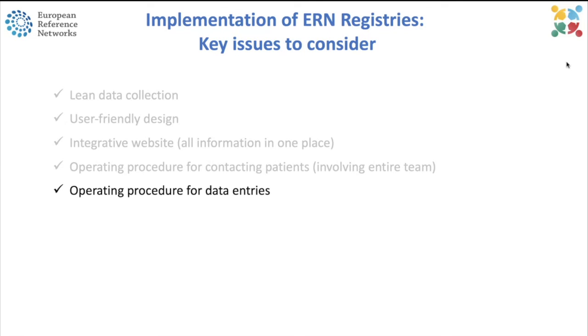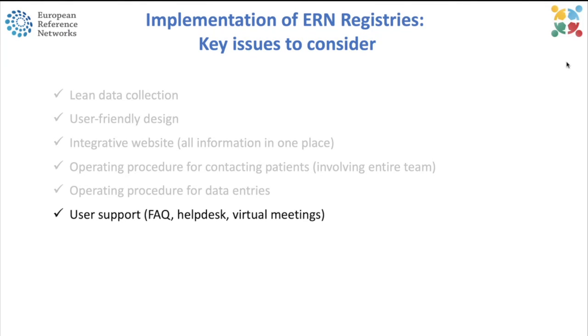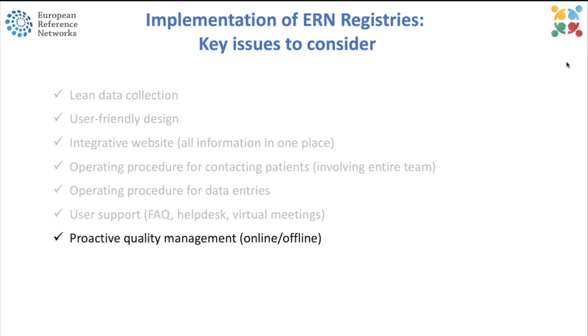Also, there should be an operating procedure in place for how the data entries are handled. So who is entering the data when? We talked about the user support, which is very important.